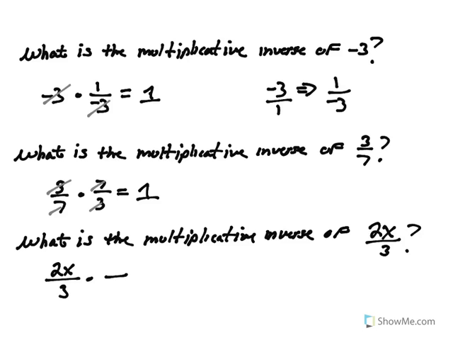The reciprocal of 2x over 3 should be 3 over 2x. Then, of course, the 2x's cancel, and so do the 3's, and you should be left with 1. So it's a property that you're always going to get 1. It's a pretty simple thing to do, to find the multiplicative inverse.